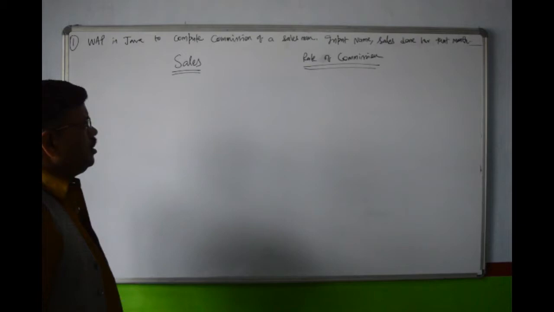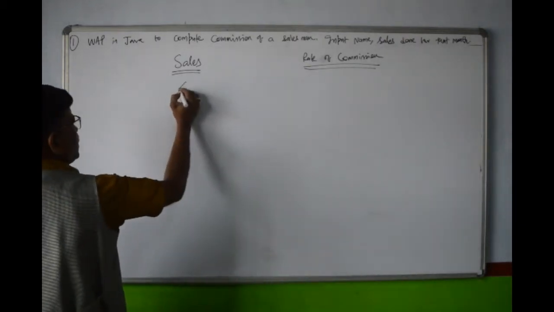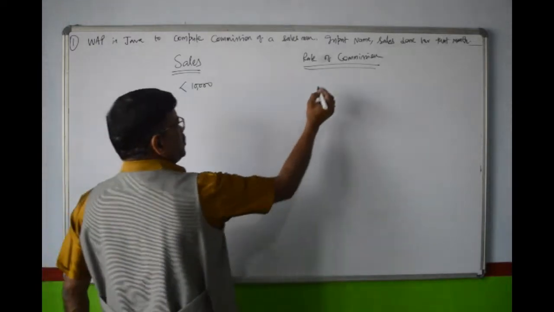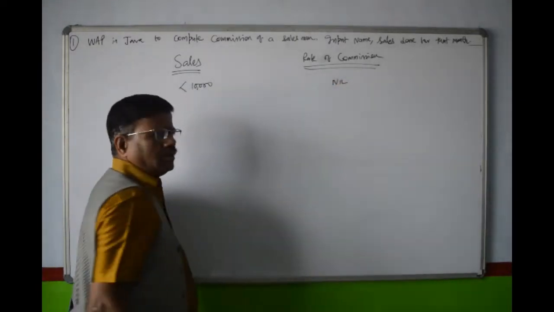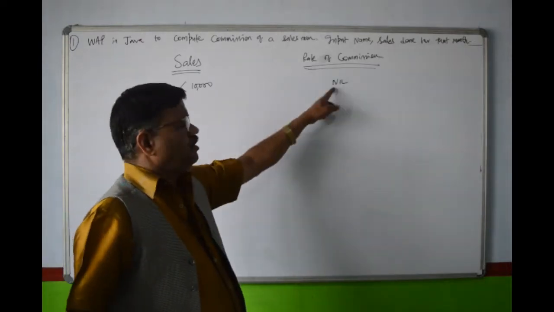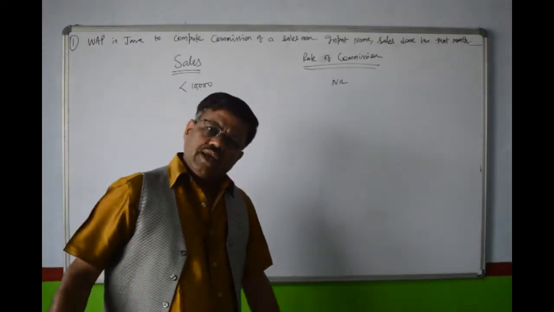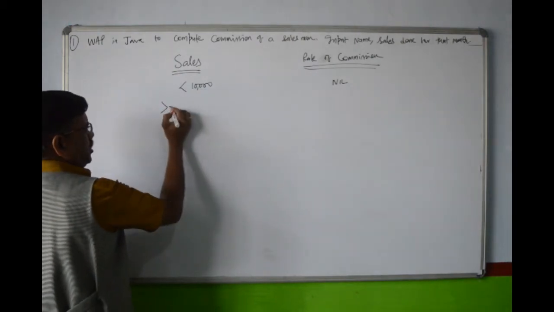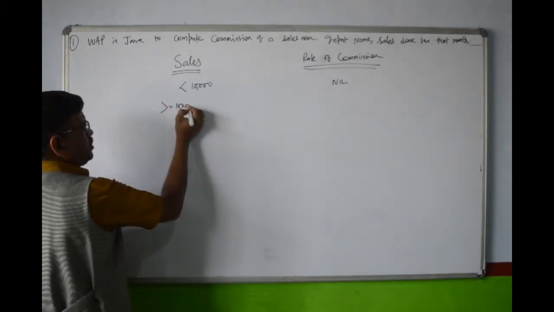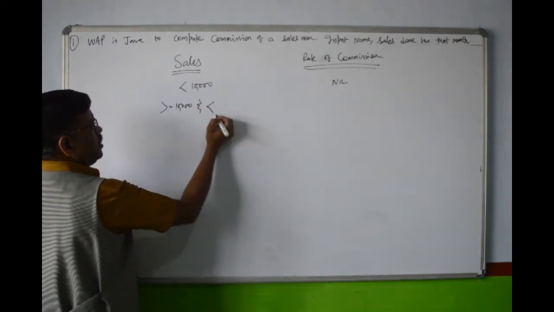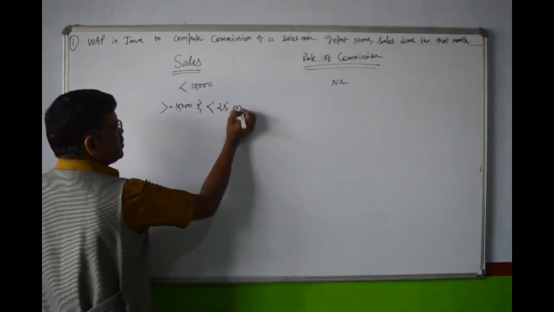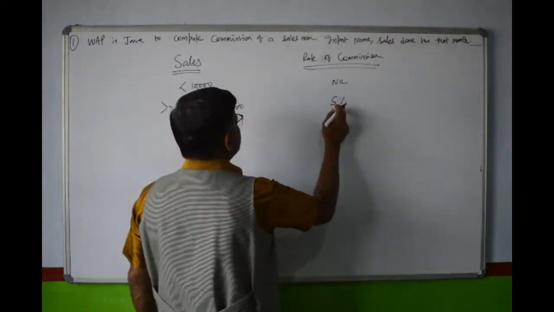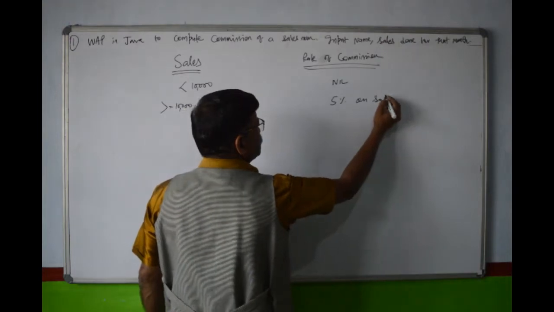If the sales is less than 10,000, there will be no commission; 0 is your commission. If it is greater than or equal to 10,000 and less than 25,000, you will be given 5% on the sales amount.